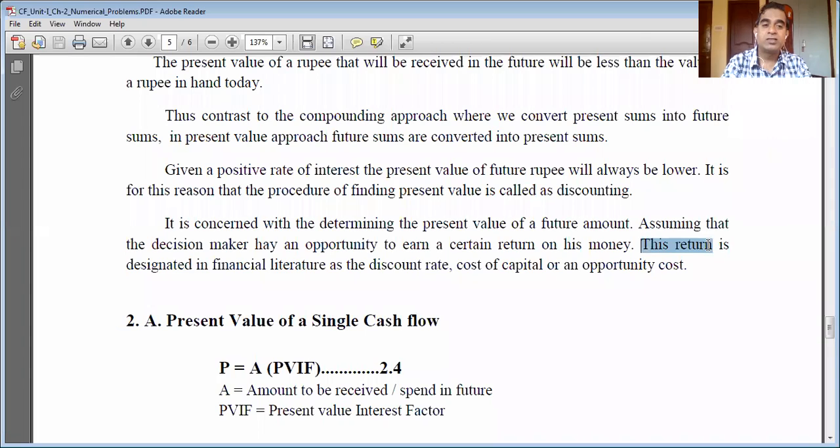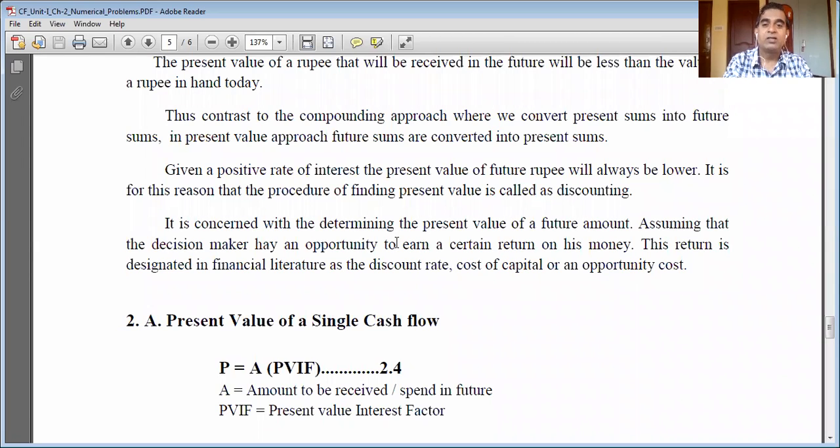This return is designated in financial literature as a discount rate, cost of capital, or an opportunity cost. We'll learn about the discount rate or cost of capital later, in unit number 3, the cost of capital chapter.